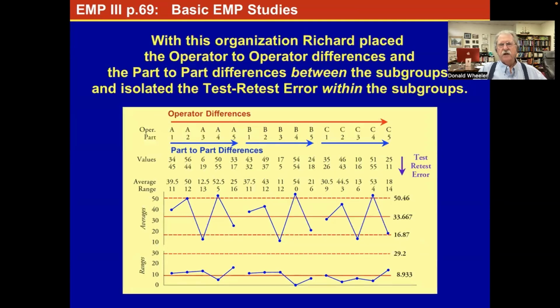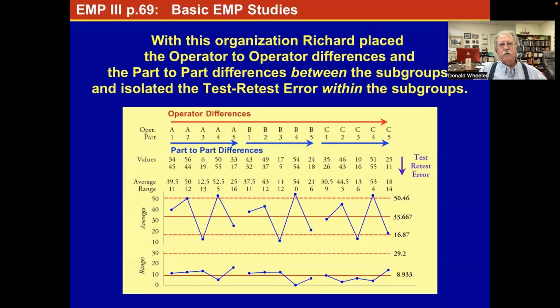With this organization, Richard placed the operator-to-operator differences and the part-to-part differences between the subgroups. And he isolated the test-retest error within the subgroups.